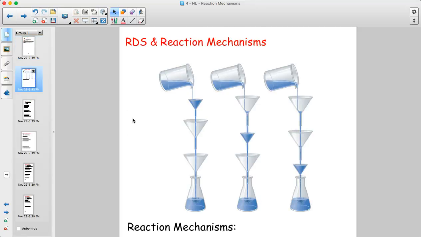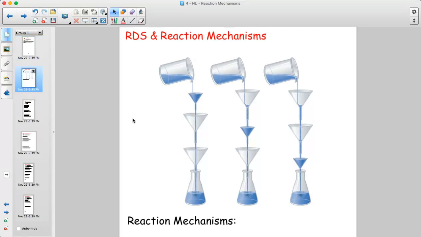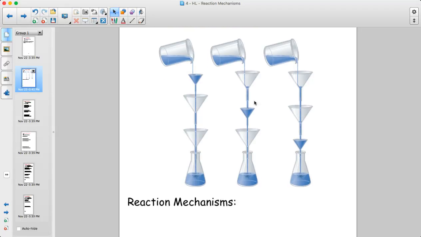So remember that the most important step in terms of kinetics, in terms of how fast reactions happen, is what we call the rate determining step. Really only the rate determining step matters in terms of the overall reaction, because that step has the highest activation energy and it sort of bottlenecks every other step.